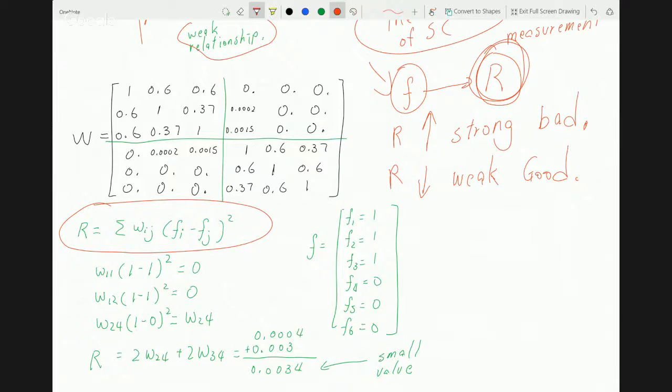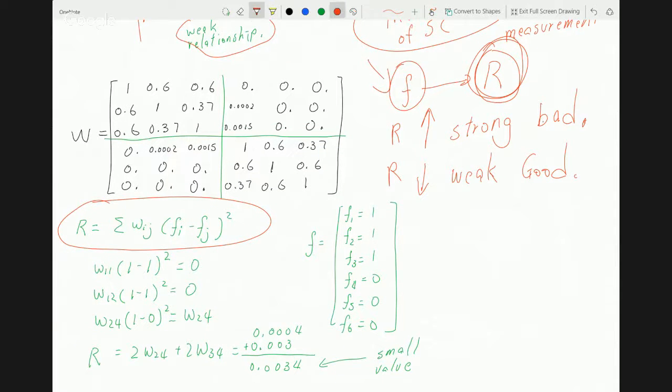This equation essentially gives you, from a possible solution of F, a relationship measurement. Again, you might remember that this was the solution. Let's say that, miraculously, we pick the right solution.